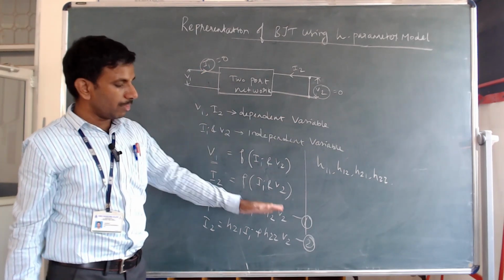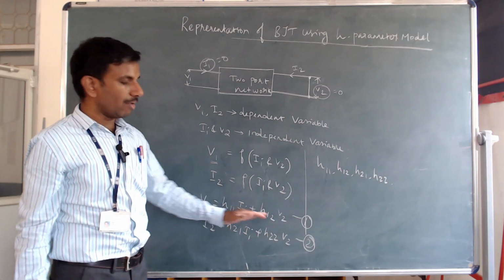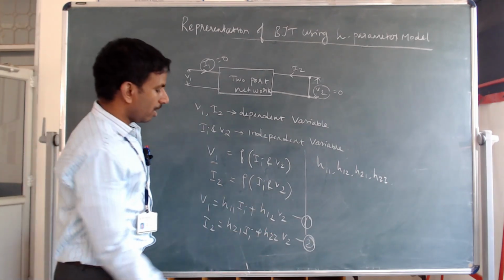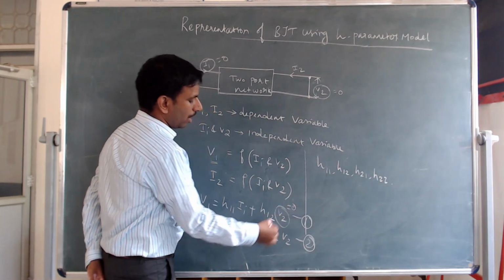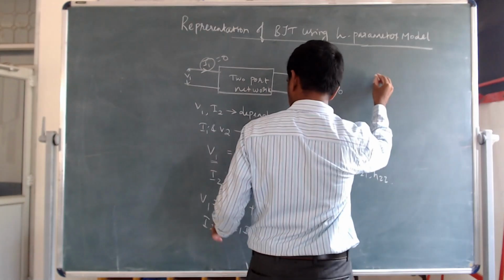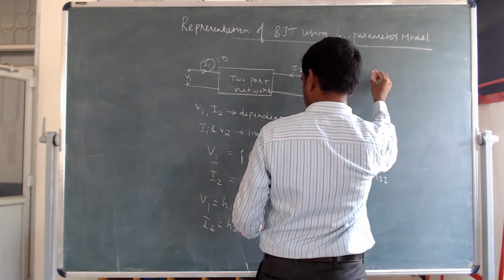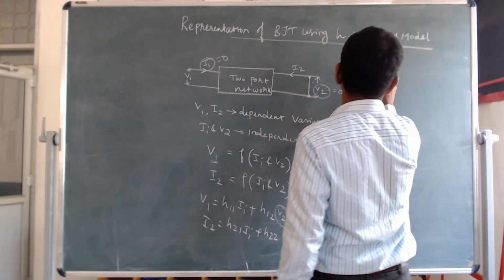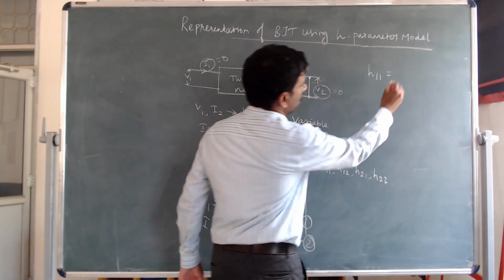By applying these conditions in equation 1 and equation 2, we will get the different values of the H parameters. For example, if we consider the output voltage V2 equal to 0 and substitute it in the first equation, we get H11 equal to V1 by I1.